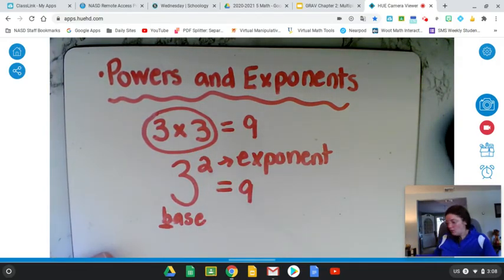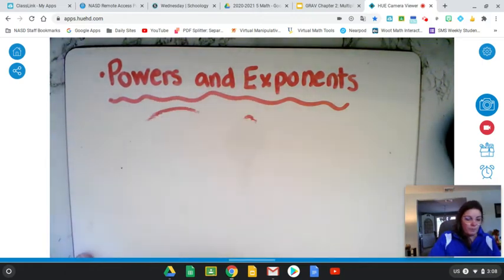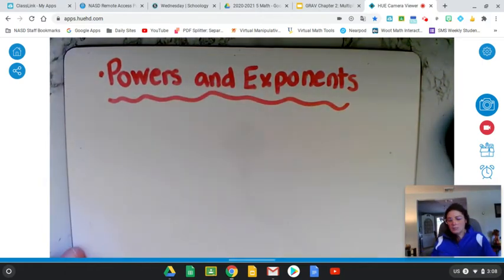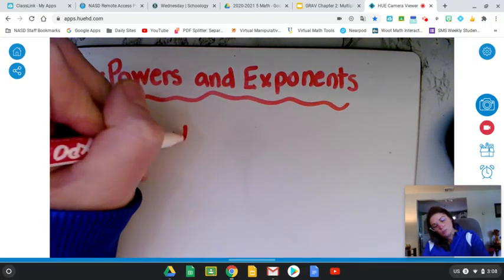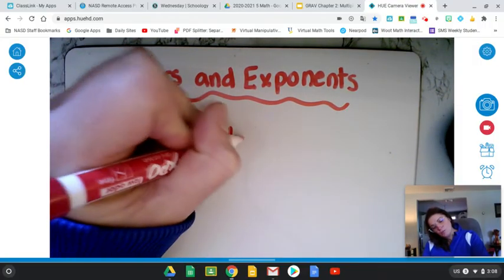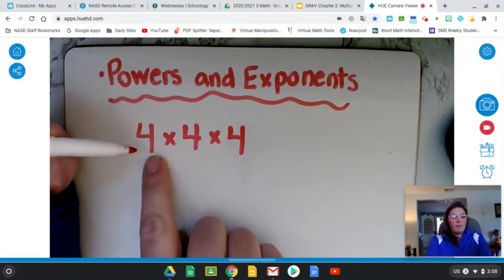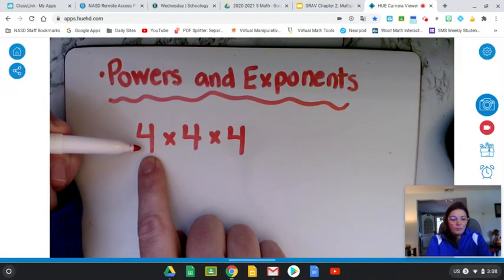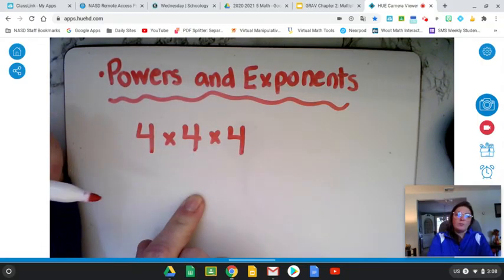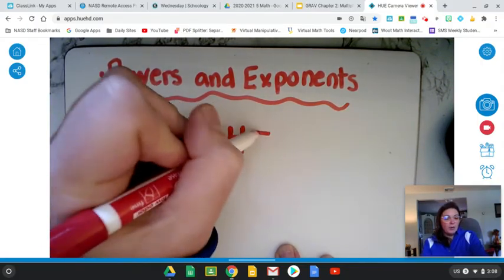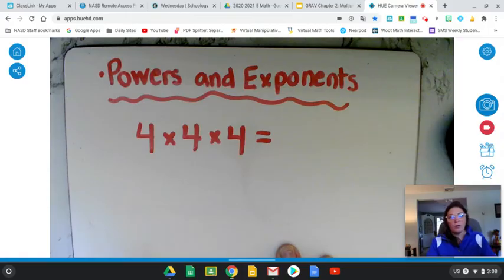Let's take a look at another example. Let's say I have 4 times 4 times 4. So I have the factor 4 repeated 1, 2, 3 times. So how can I write this as a power?